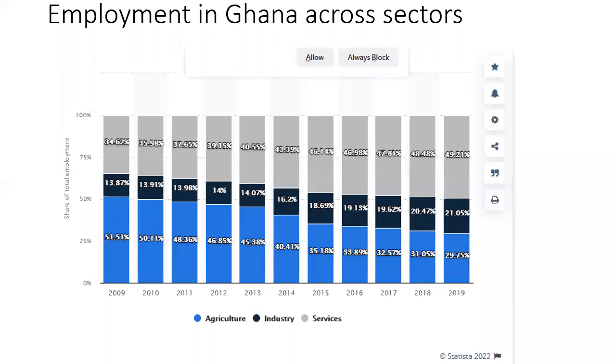Then we talk about services, which is also increasingly rising. When we look at services, we've moved all the way from 34.62% to 49.21%, which means that Ghana is rendering more services in terms of communication, delivery, and so many other services, and that is accounting for what?